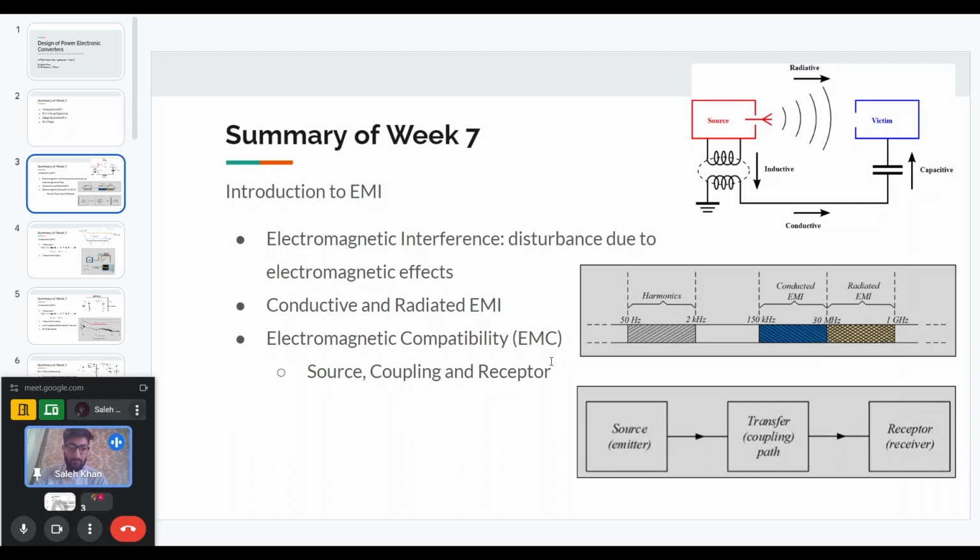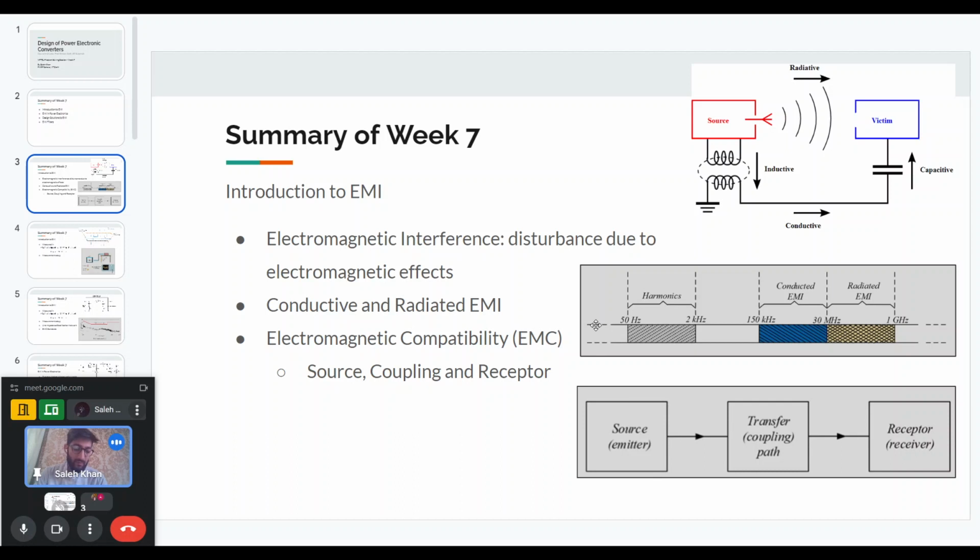So for example, it was shown in the course that if we go from very low to high frequency, at the lower end of the frequency we first encounter what is called harmonics. For example, if we have a grid connected application or even a motor drive, some AC application, we usually have 50 hertz or 60 hertz voltages for grid connection.